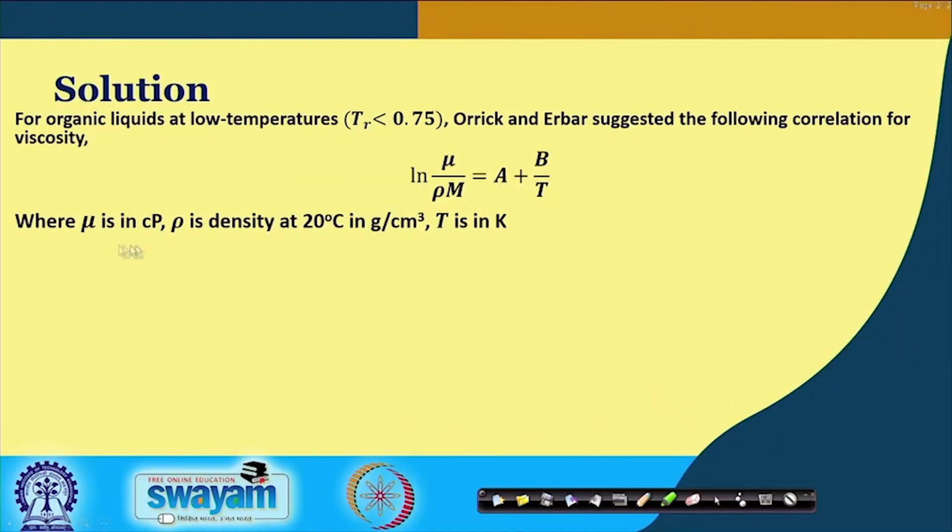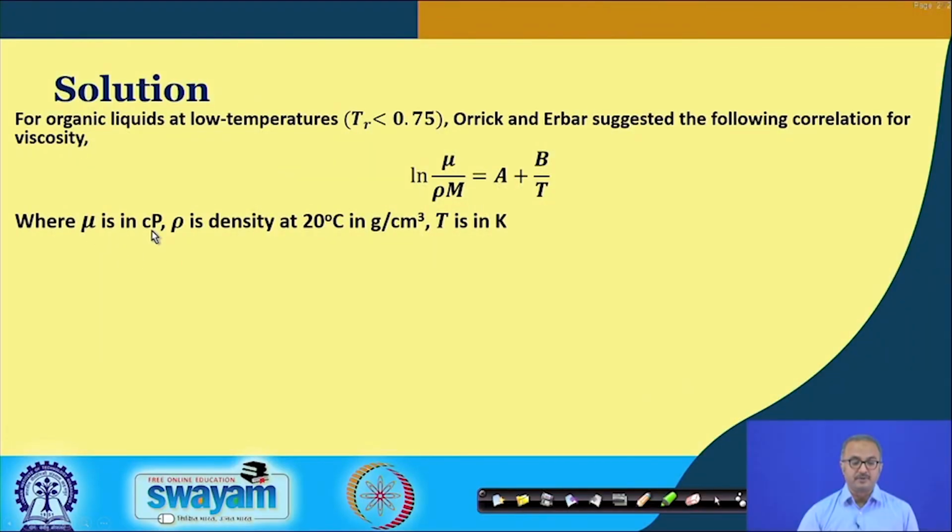So, whenever you are using any correlation, please make sure of the validity of the particular correlation in terms of temperature, pressure and other parameters. Here the viscosity will be obtained in centipoise, rho is the density of the liquid at 20 degrees centigrade in gram per centimeter cube, and the temperature is in Kelvin.